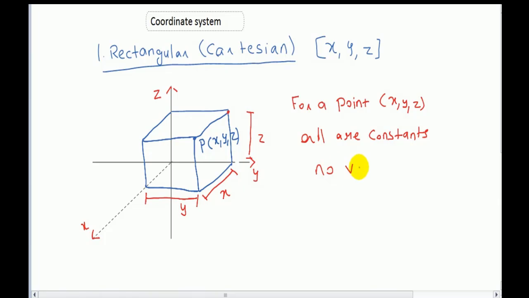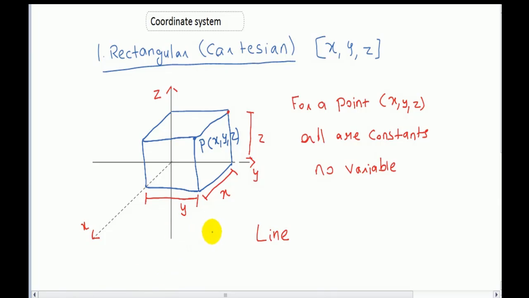There will be no variable required to locate the point. Now, if I want to locate a line, then how can I locate a line?